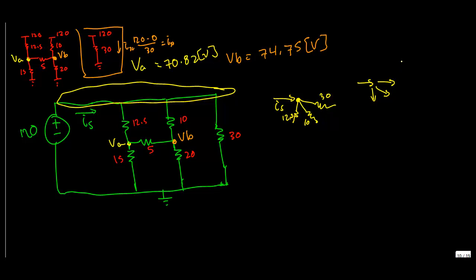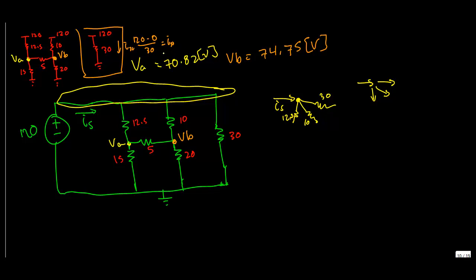Now, since current flows from high potential to low potential, high voltage to low voltage, and this is 0 volts and this is 120 volts, your currents will more than likely flow in these directions that I showed. Okay, so let's get started.